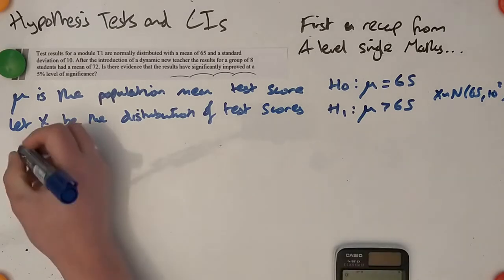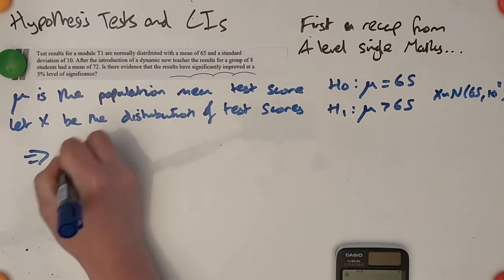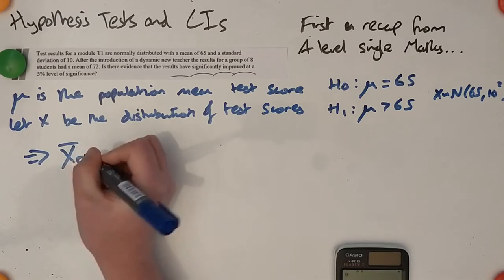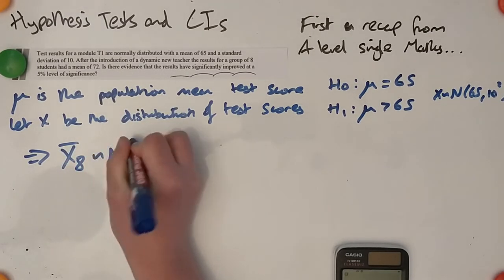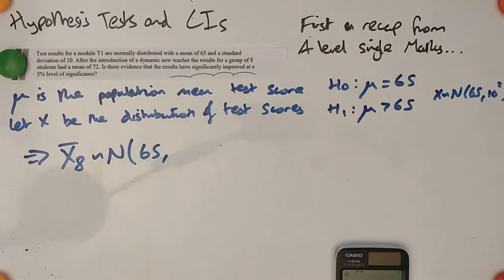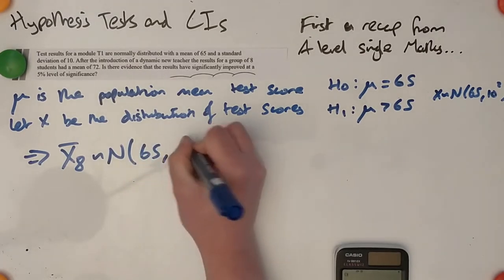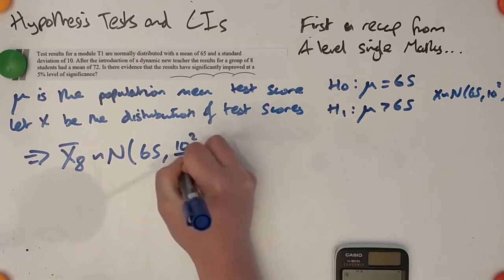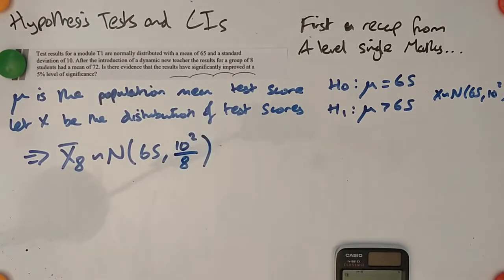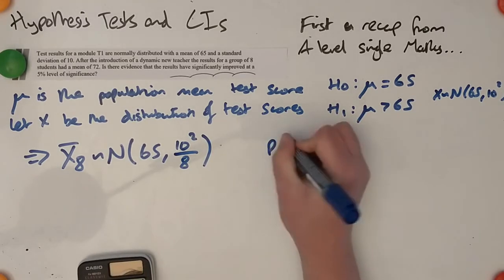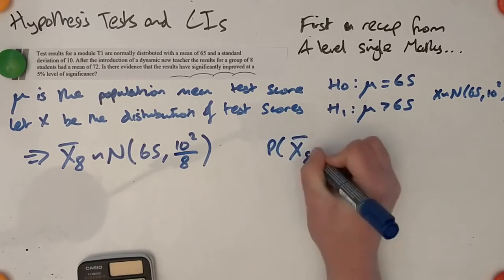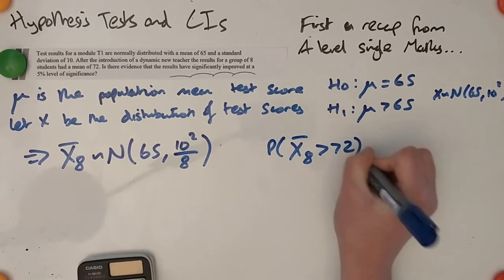So here I've got my sample mean, x bar 8, which is distributed with still the same mean of 65, we're assuming under H0, but now my variance is 10 squared over 8. And I'm looking for the probability x bar 8 bigger than 72.